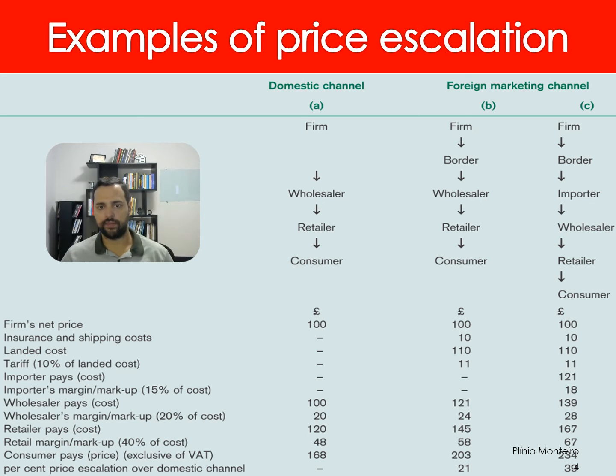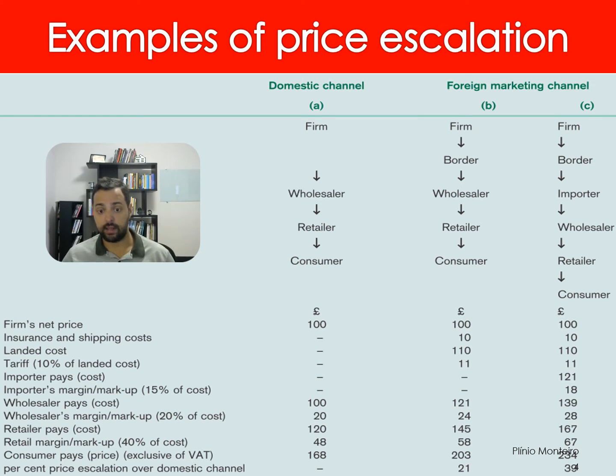Let's start with the first example, of a domestic channel. Your firm sells the product to a wholesaler and then to the retailer, and then the retailer sells the product to a customer. So the firm's net price will be 100, and you don't need to pay all these insurance and shipping costs, landed costs, tariffs, import taxes, import margin, and so on.